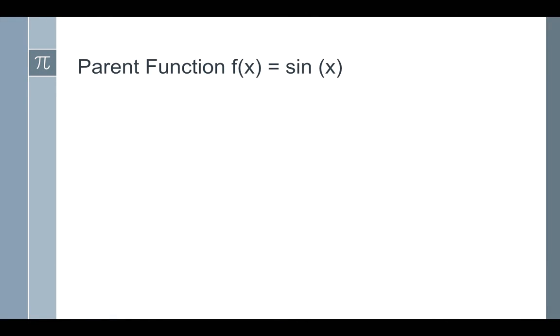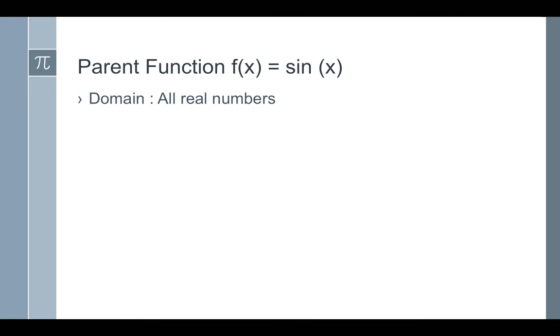The parent function is obviously f of x equals sine of x. The domain of this function is all real numbers because I can plug any number I want into sine: positive, negative, decimals, radicals, anything.